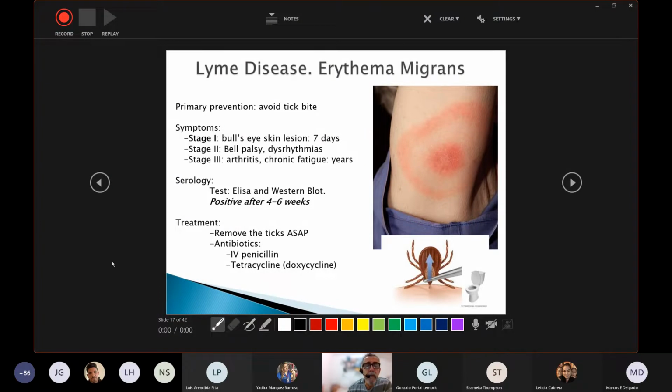The blood test takes between 4 to 6 weeks to become positive. So from the moment that the person is bitten by the tick until the test becomes positive, 4 to 6 weeks can pass.